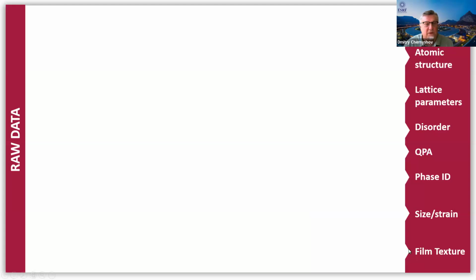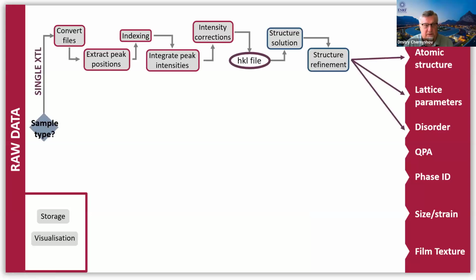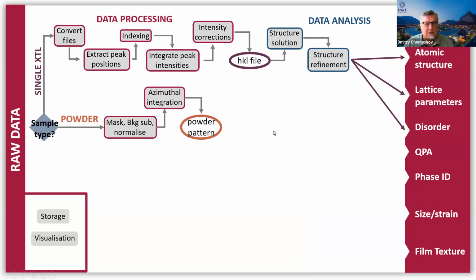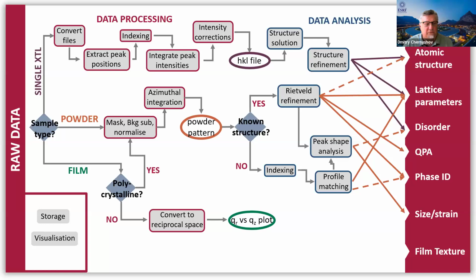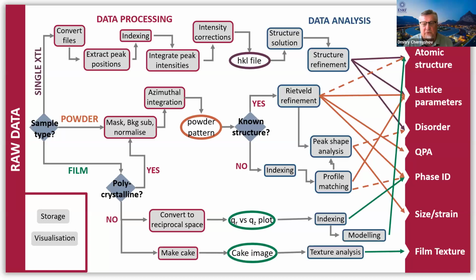Nobody is happy with just raw data. This pathway has different stages, which you can call data processing and data analysis, with sometimes a very broad border between them. It is very different for single crystals, powders, and thin films, and depends on what we want to get.